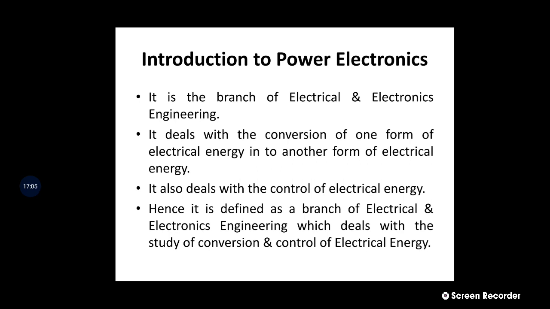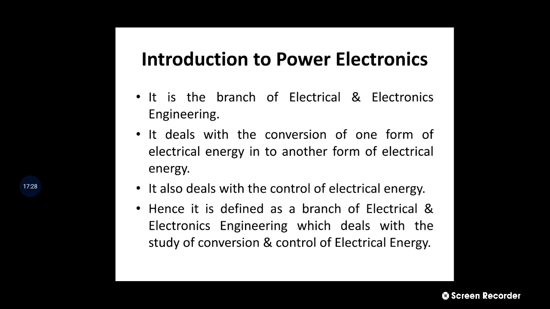Introduction to power electronics. Power electronics is a branch of electrical and electronics engineering. It deals with the conversion of one form of electrical energy into another form of electrical energy. That means it may convert AC to DC, or DC to AC, or AC to AC, or DC to DC.